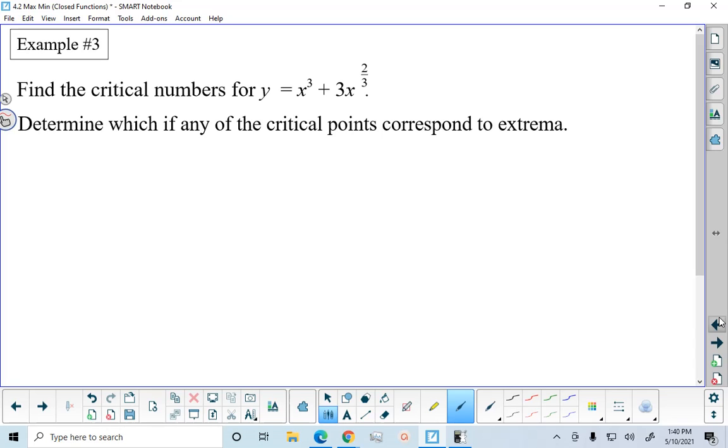Find the critical numbers for that. So what are critical numbers? Critical numbers are where the derivative equals 0 or where the derivative is undefined. So we find the derivative.